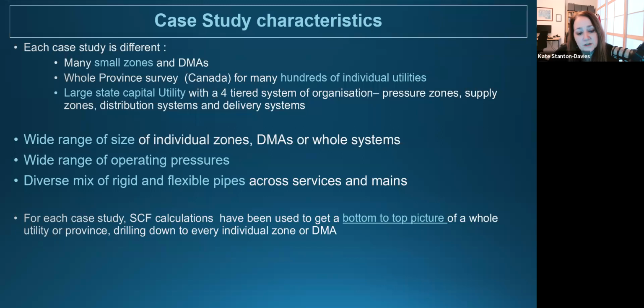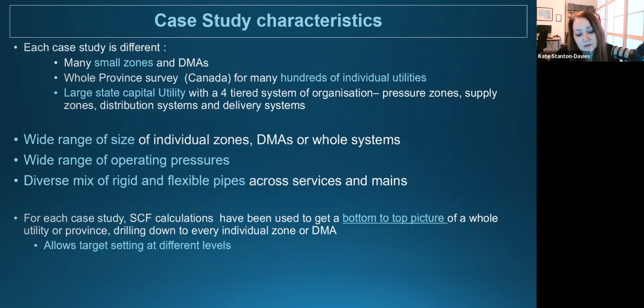And what's been very clear in working with the customers and doing these calculations with them is that doing SCF calculations across the board gives a great top to bottom or bottom to top picture of that utility or the province, allowing the utility to actually drill down to look at the characteristics and the calculations for each individual zone or DMA or roll-ups of those individual zones or DMAs.